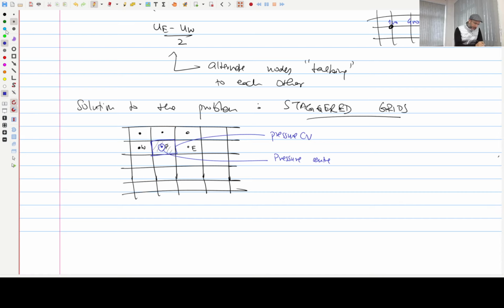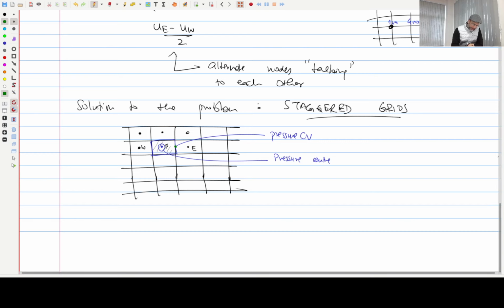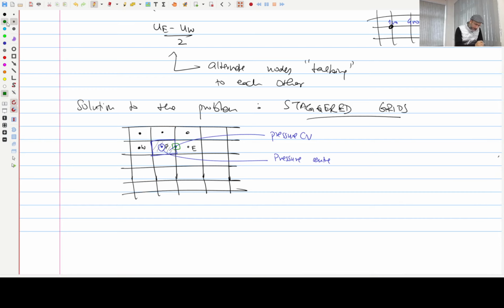But for x velocity, for example, the x velocity will be defined here. So this point will be the u center.